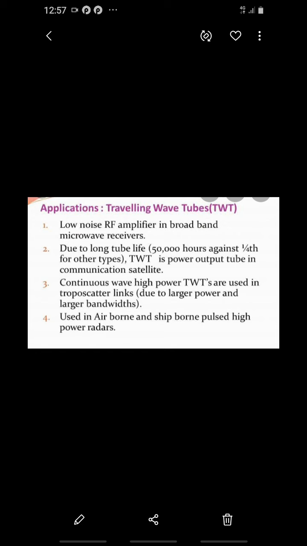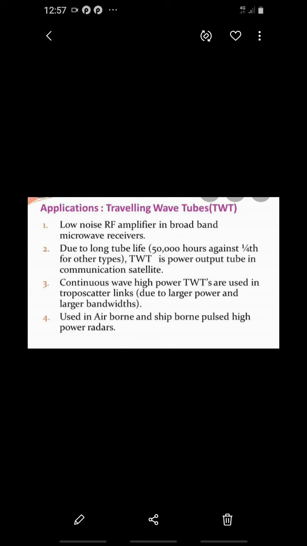Due to long tube life, TWT is a power output tube in a communication satellite. Continuous wave high power TWTs are used in troposcatter links, and used in airborne and shipborne pulsed high power radars.